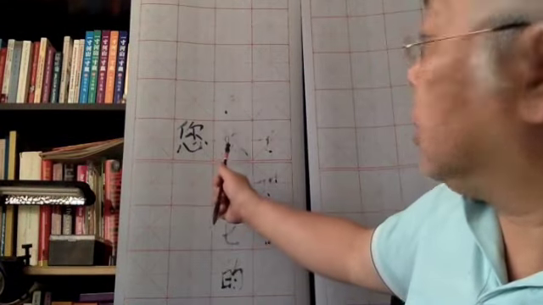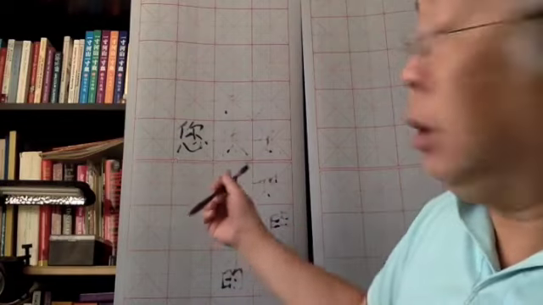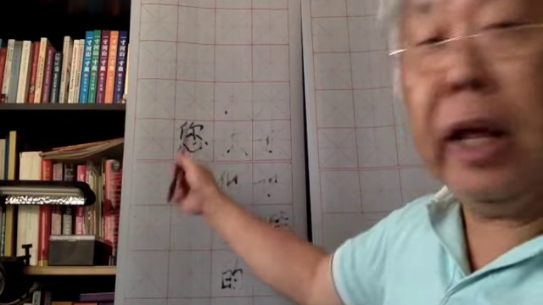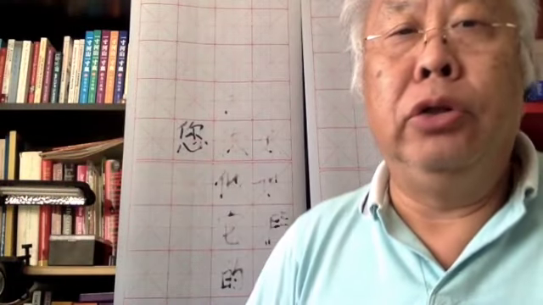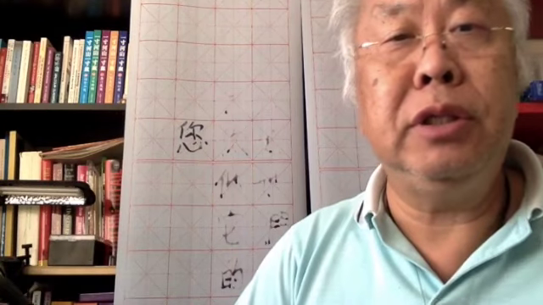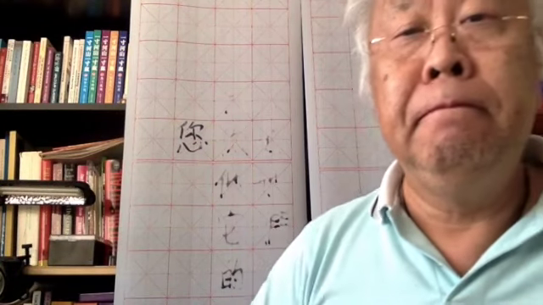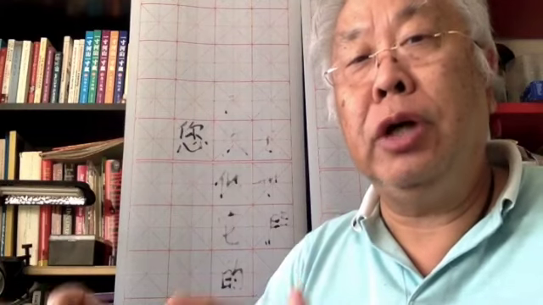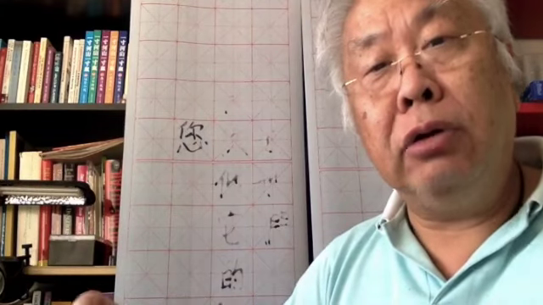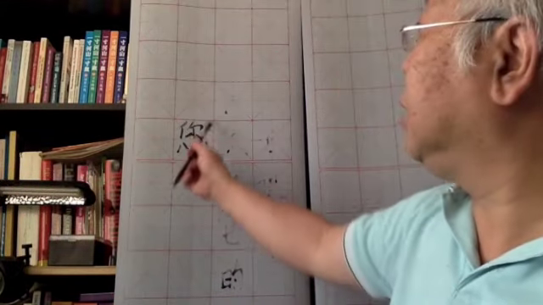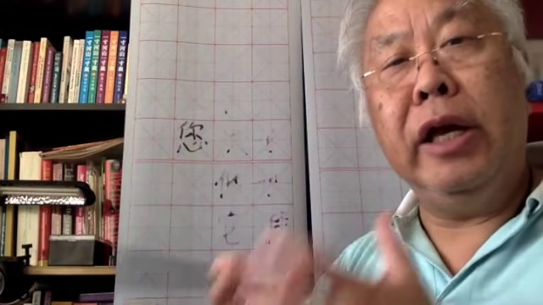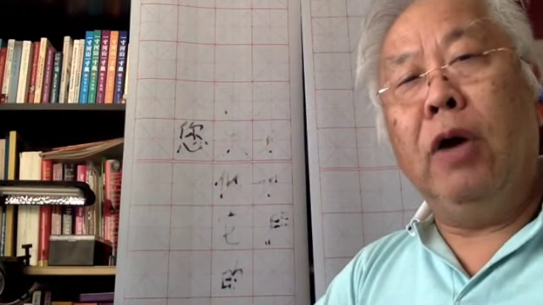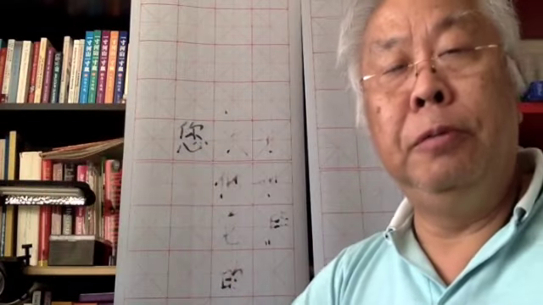For example, in Mandarin this is ni, this is ning. In Cantonese there's lei, lei. I don't know whether you can recognize the voice difference. But anyway, my objective is not to teach you how to pronounce the word, it is to teach you how to recognize the word. So when you see this, that is a respectful way of expressing you.